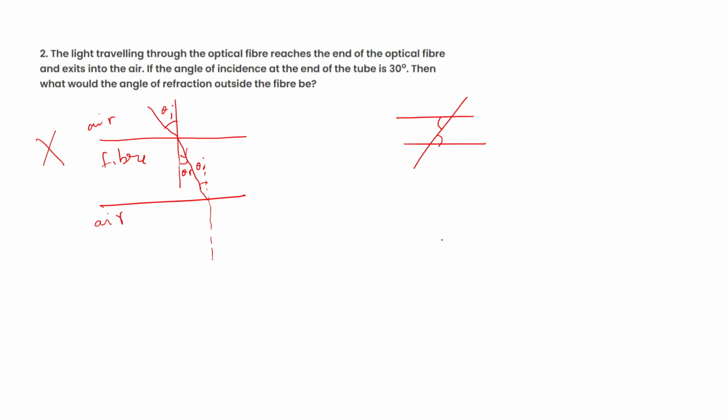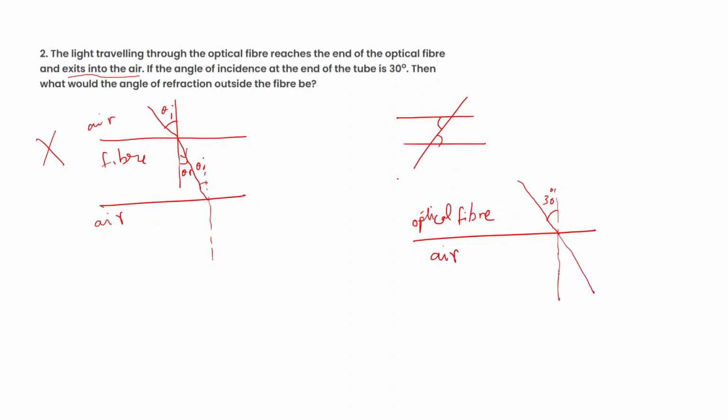Here they are saying that one side it's optical fiber medium, another side it's air medium, and if the angle of incidence when the light is exiting into the air, again we have to make the normal, is 30 degree, then what would be the angle of refraction outside the fiber?